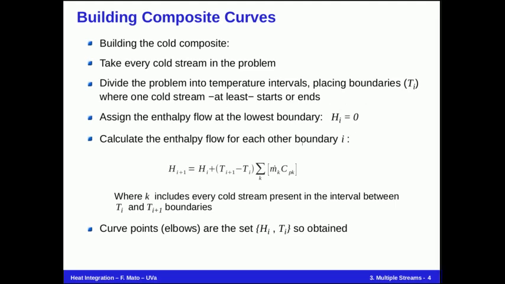And for each other boundary, we calculate the contribution of every stream with its particular MCP along a change in temperature, an interval, and sum up with the previous enthalpy flow across the boundary. We then obtain a pair of temperature and enthalpy flow along the different boundaries that form the coordinates of the elbows of the composite curve.